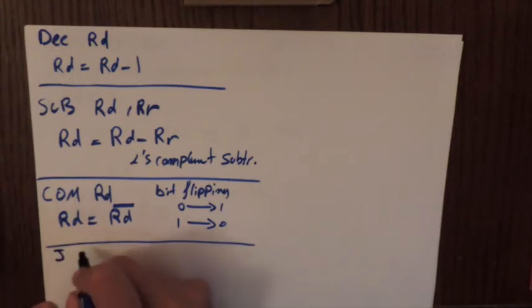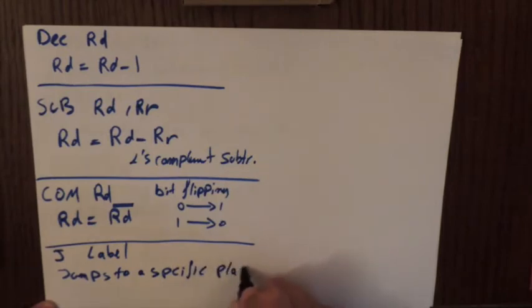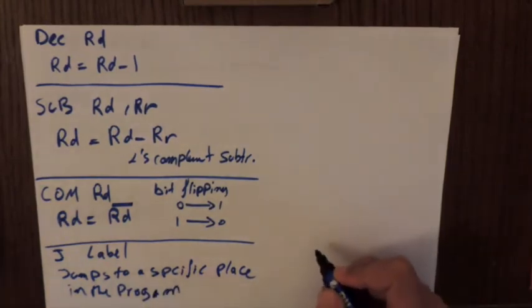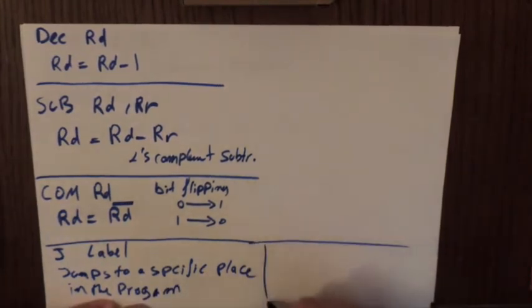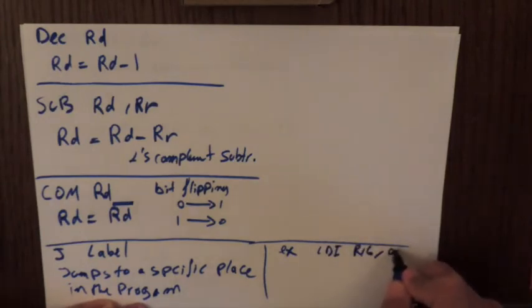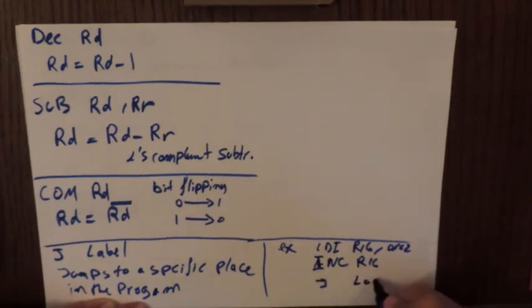So jump label. This instruction jumps to a specific place in the program. For example, a small example here, I can do something like LDI R16, 2, add, or let's use the increment R16, jump loop.